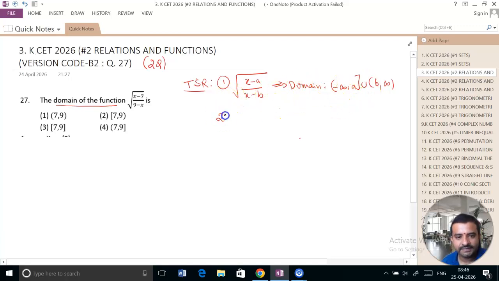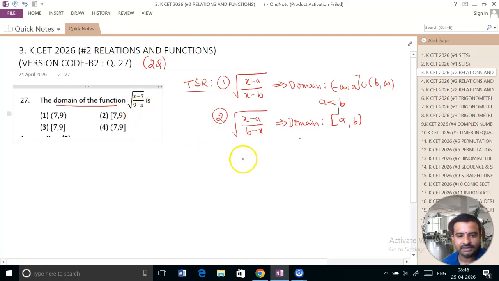The time saving result 2 says, whenever you have x minus a divided by b minus x, the domain of this function will be closed a comma open b, and both will be satisfied when a is less than b.